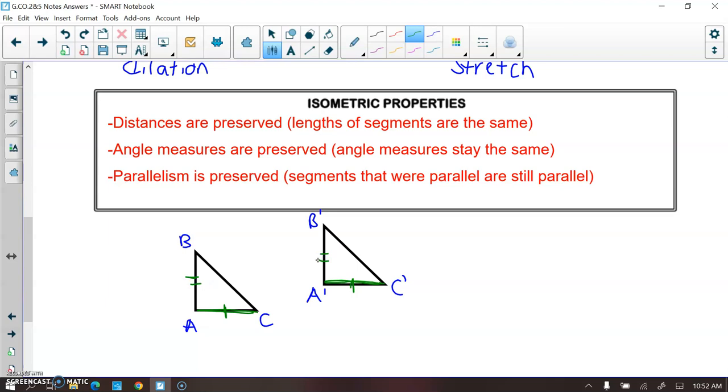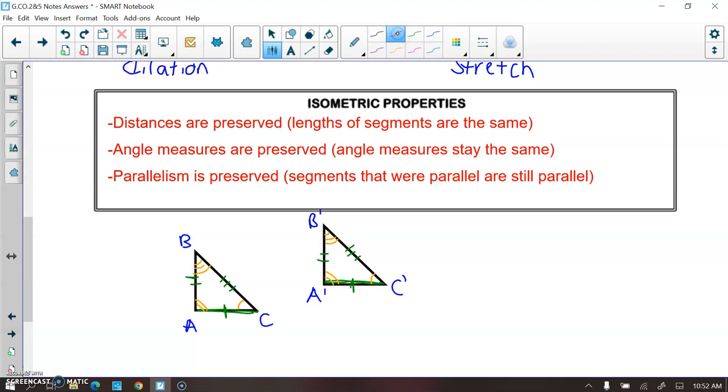And the length of BC and B prime, C prime are still the same length. What it means for angle measures to be preserved is that the angles stay the same. So angle C and angle C prime are still the same angle measure. They're congruent. Angle A and angle A prime are congruent, and angle B and angle B prime are congruent.